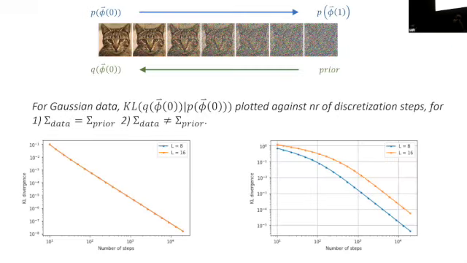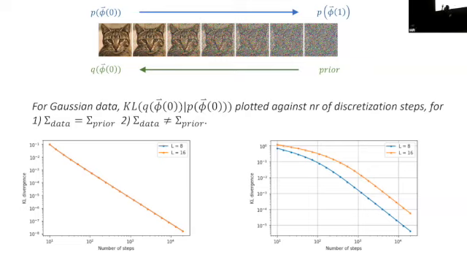To illustrate that, we can look at artificial Gaussian data that you make, and then you plot the KL divergence between the real data distribution, in blue, and the data distribution you got after doing the reverse SDE, given a number of discretization steps.